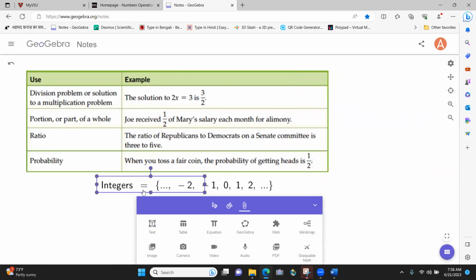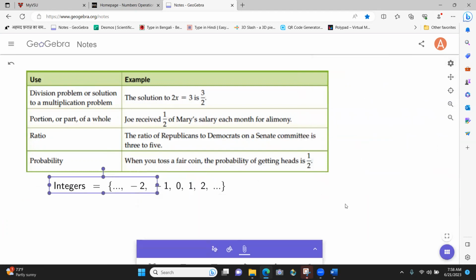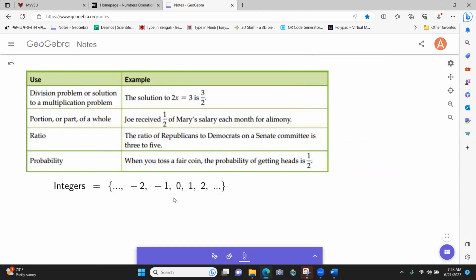Nothing too fancy. Integers are these numbers: 0, plus minus 1, plus minus 2, plus minus 3, and so on and so forth. It goes on and on in both directions.